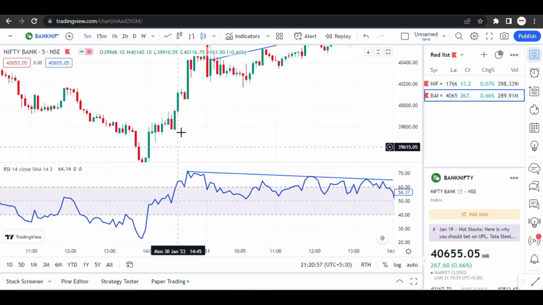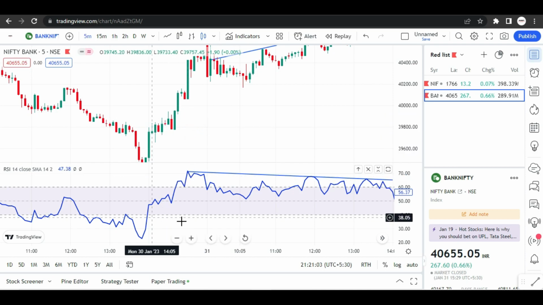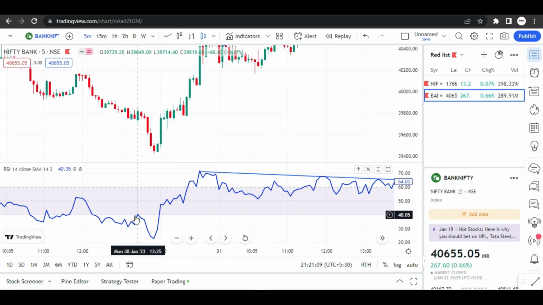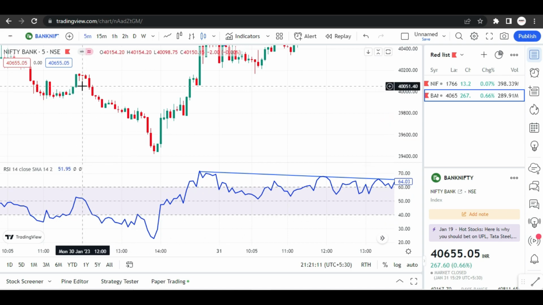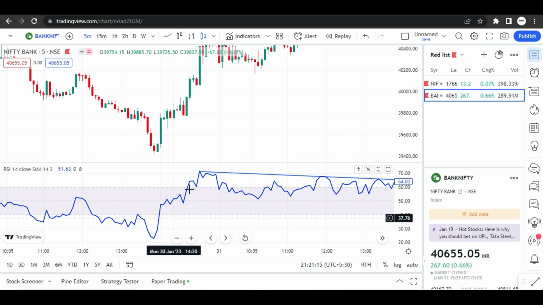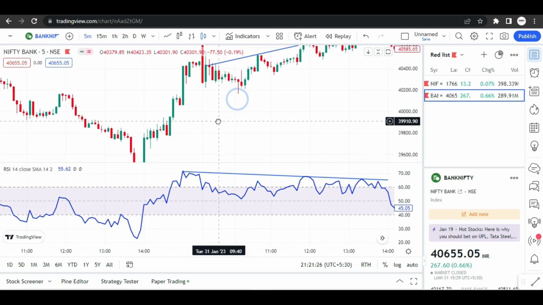Over 60 people generally like to buy, and below 40, once it takes resistance below 40, people like to sell. So you can also use this for selling: once the RSI line crosses below 40, you can look for a short sell, and once it crosses above 60 and starts taking support at the 60 level, you can look for a long entry. So this is another way people like to use it for momentum.